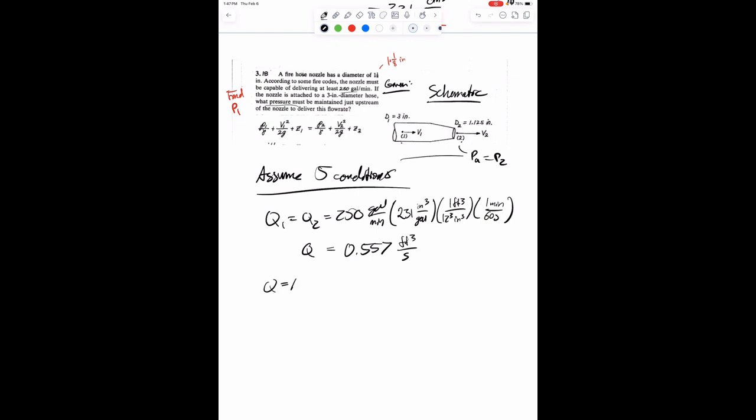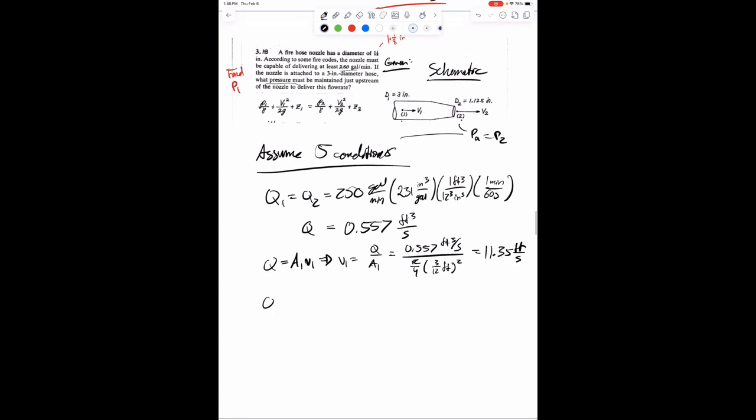Volumetric flow rate is area times velocity. We know the cross-section area, so we can get velocity. V1 is Q over A, 0.557 cubic feet per second, divided by pi over 4 times the diameter squared. For location 1, diameter is 3 inches, 3 over 12 to get feet. Here I get 11.35 feet per second for velocity at location 1.